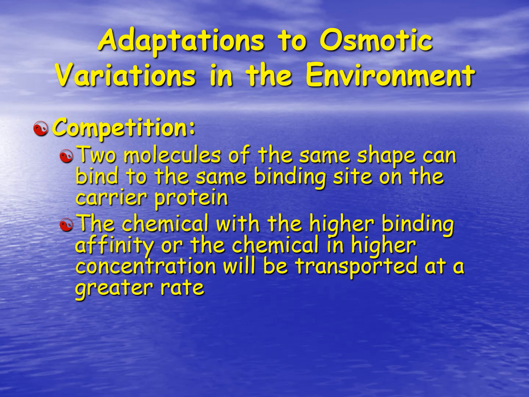So if I have chemical A and chemical B that are both competing for a carrier, and I've got twice as much A as B, A is going to be transported more frequently than B. If the carrier protein, however, likes B better, and I have equal numbers of A and B, B will be transported at a higher rate than A because of the higher binding affinity.